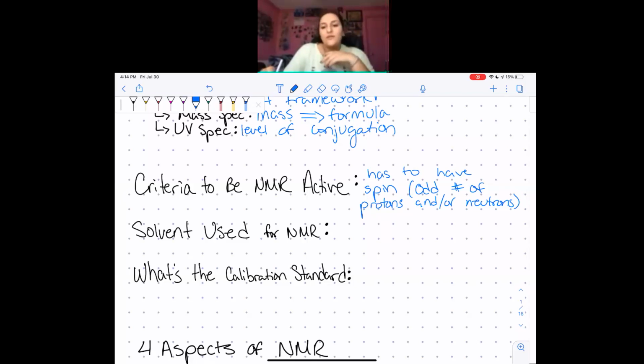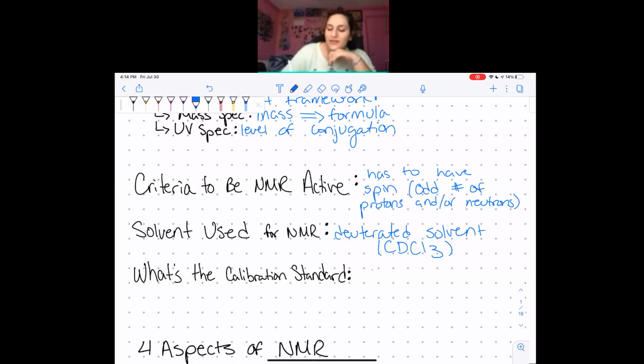As far as what solvent is used for NMR, we are using deuterated solvent, and it's more likely than not that I spelled deuterated wrong, but that's okay. And what I mean by that is we're using deuterium instead of hydrogen. The most common one is CDCl3. Something that people always mix up is the solvent and the calibration standard. So CDCl3 is the solvent.